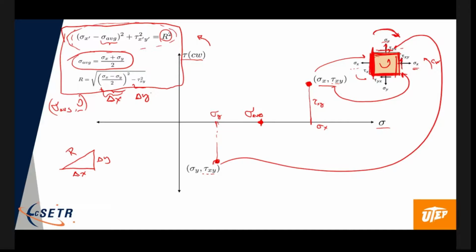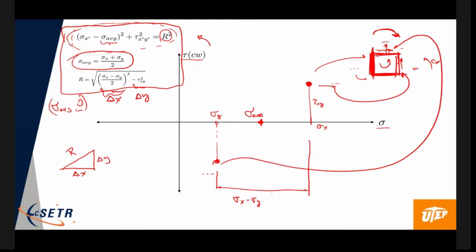All right, so sigma X minus sigma Y over 2. This distance here is sigma X minus sigma Y, correct?